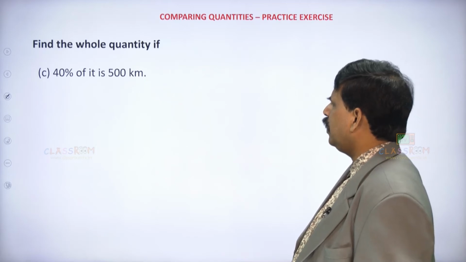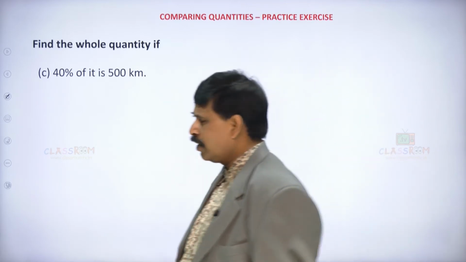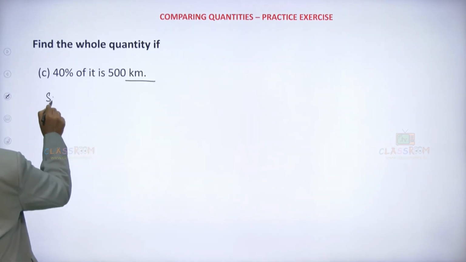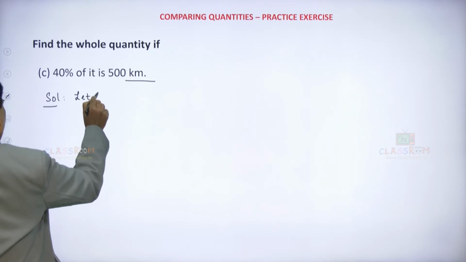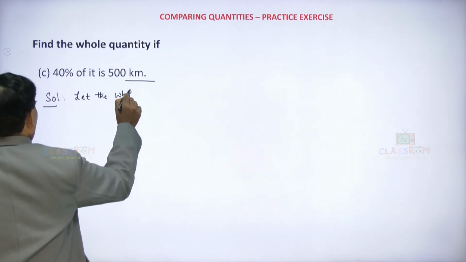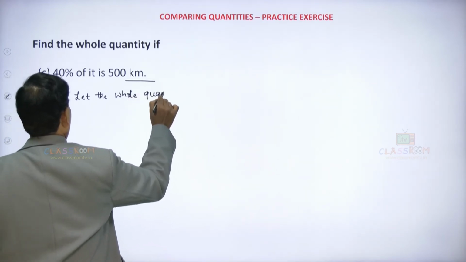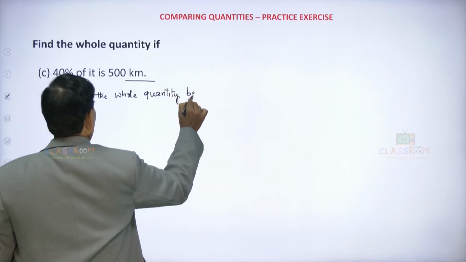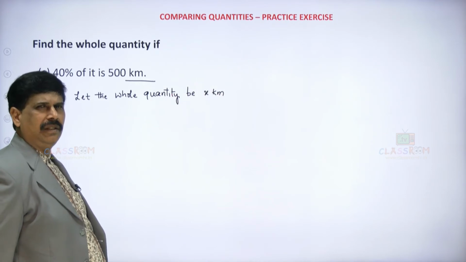See the next one. 40% of it is 500 kilometers. So let the whole quantity be x kilometers.